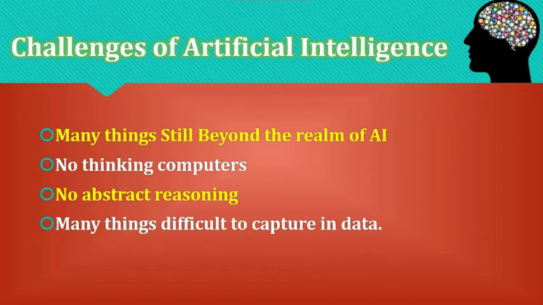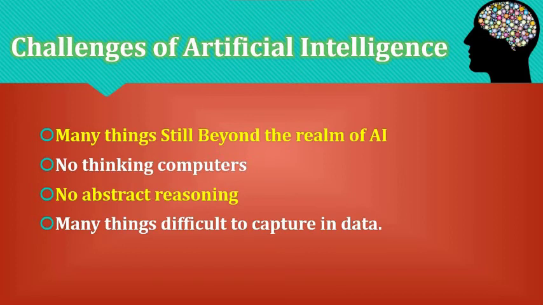Then, the challenges of artificial intelligence. There are so many things beyond the realm of artificial intelligence, such as the thinking of computers. Machines cannot think like humans. The machine has no feelings, no passion. You cannot say that it's equivalent to a human in the case of thinking.